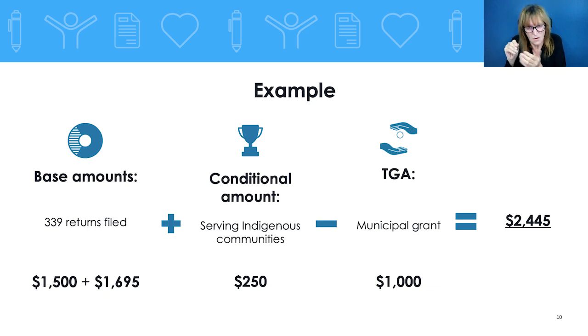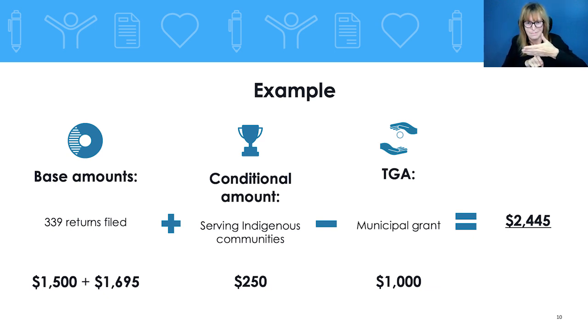When we add the conditional amount of $250 since the organization served Indigenous communities, this brings the total grant amount for this organization to $3,445. Lastly, we need to deduct the total government assistance they received from either a federal, provincial, or municipal government for their tax clinic.